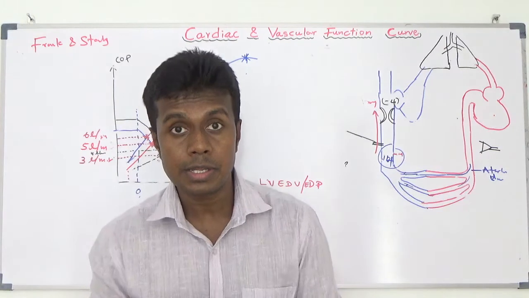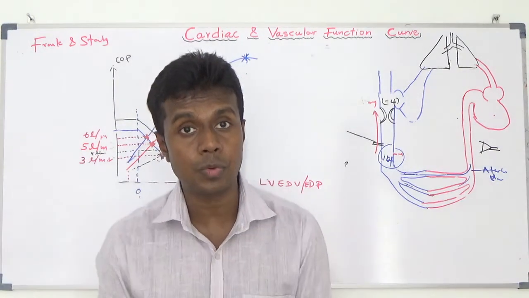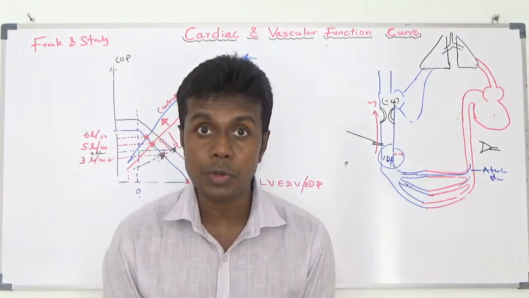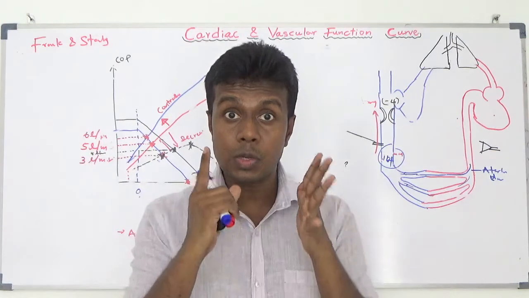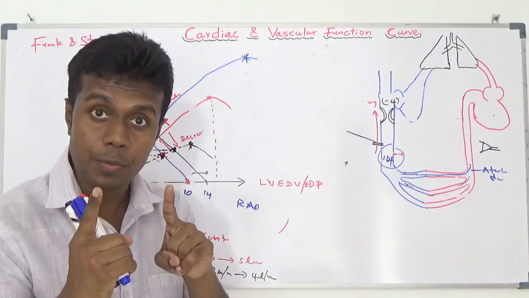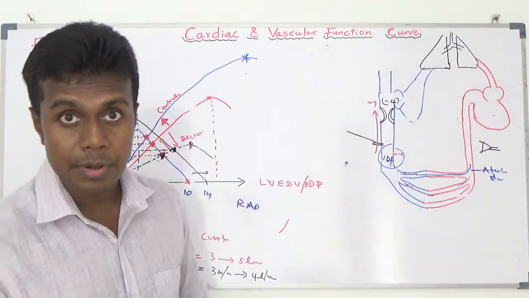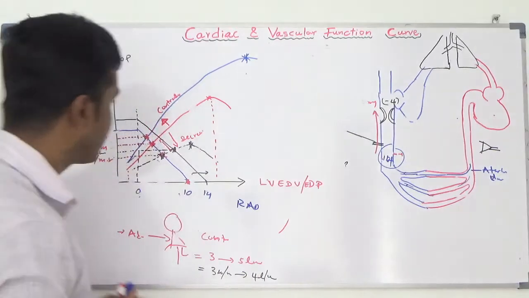Even after I give IV fluid, if my patient has not improved, it may be due to what? The failing heart. Even after I give IV fluid, my patient's cardiac output is not improved. That means my patient's heart is going to fail. I will tell how.